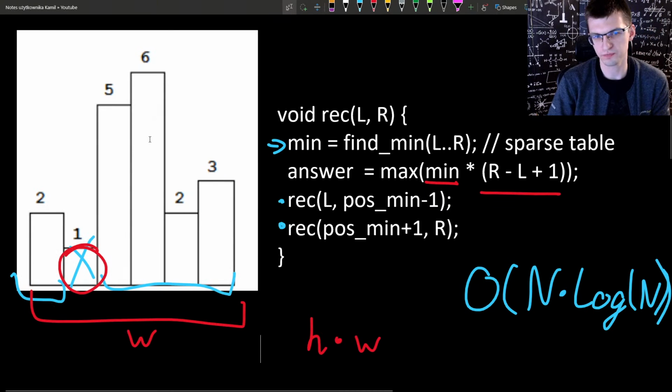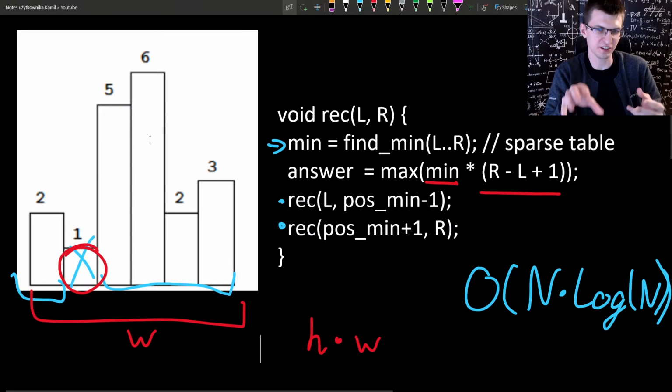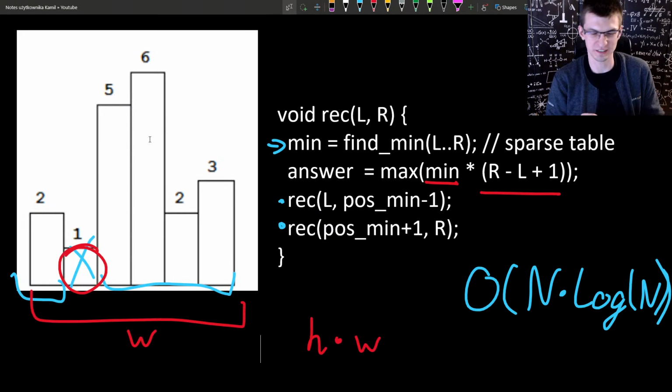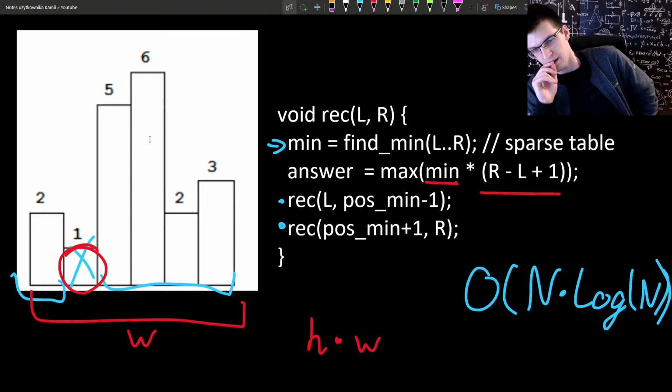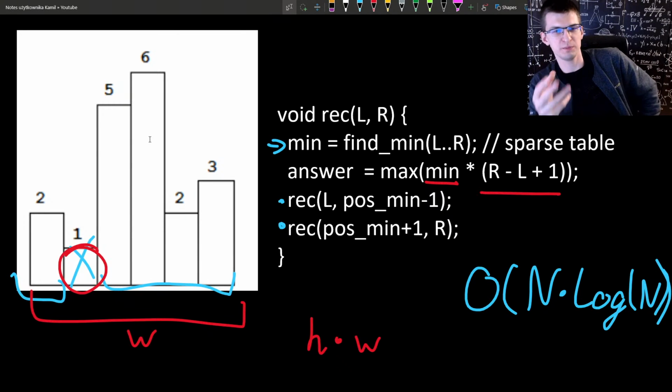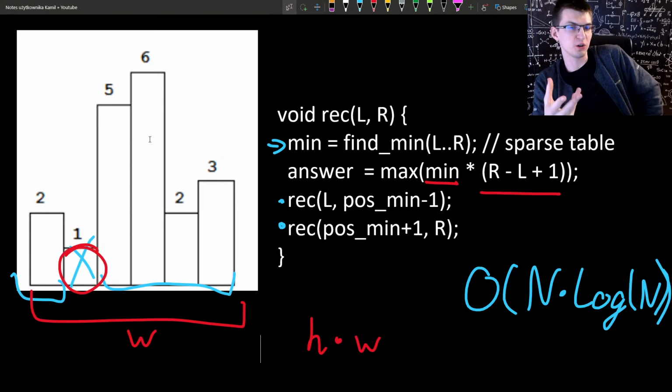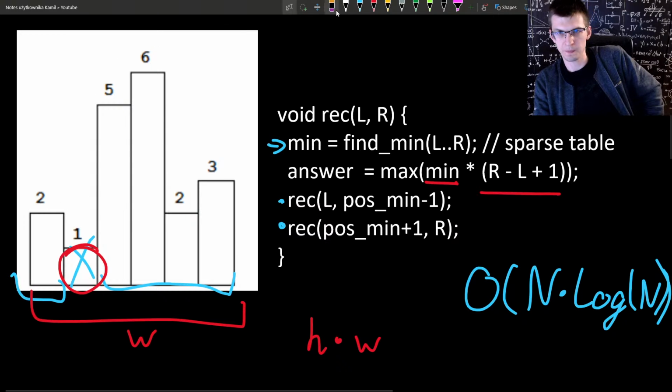I want to move to a solution that is expected from candidates. What else can we do to find minimum? Well, to find minimum, we can in particular sort all elements, right? If I sort, I will get 1, 2, 2, 3, 5, 6.